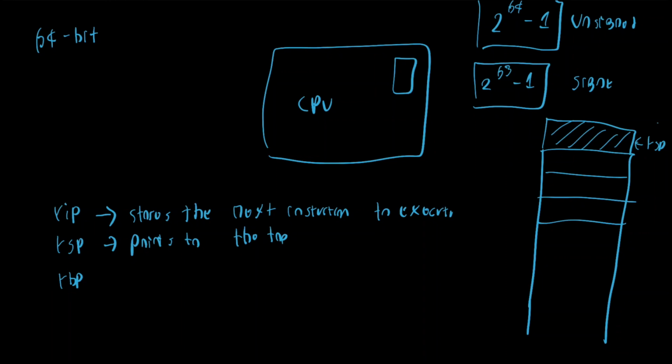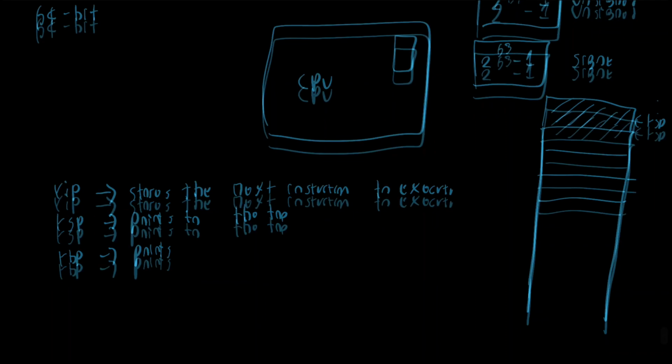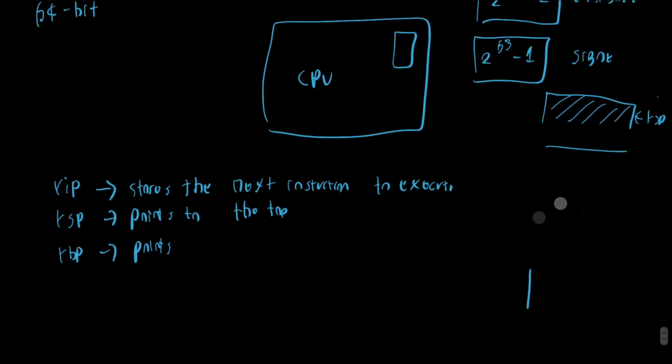On the other hand, the RBP pointer still points to a position on the stack, but at the base of a function. By base of a function, we can see it as taking a snapshot of the stack and then storing it.